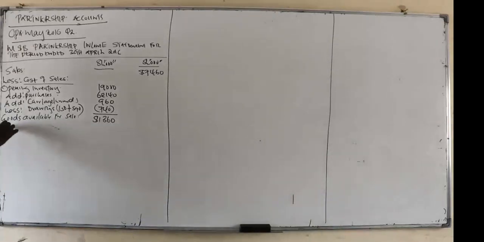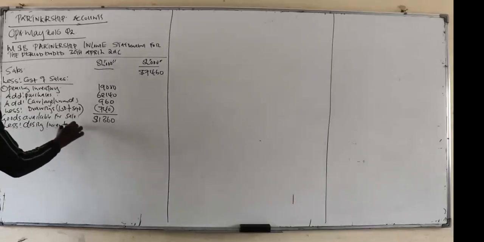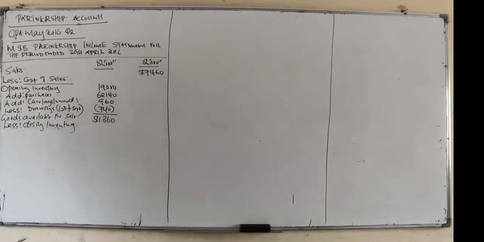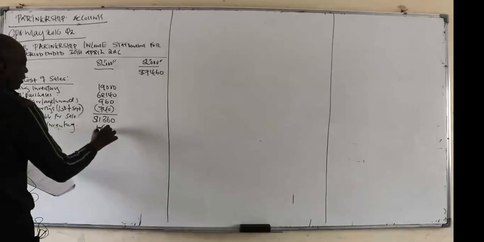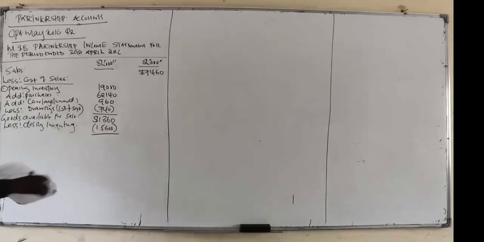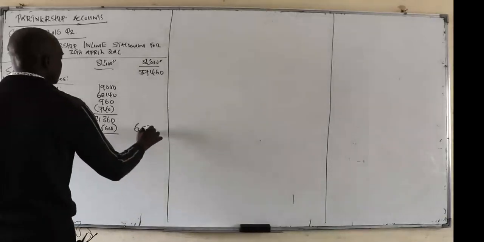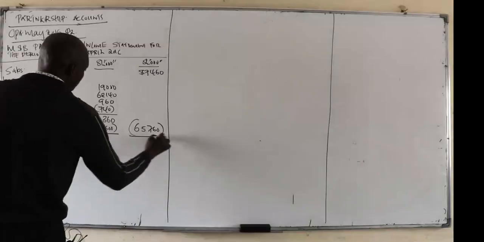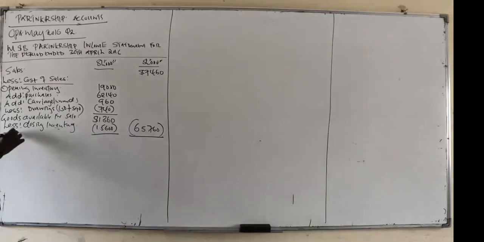Then you less closing stock or closing inventory. Closing inventory is in note number 1. It is 15,600. So you less 15,600. So how do you get 65,760?